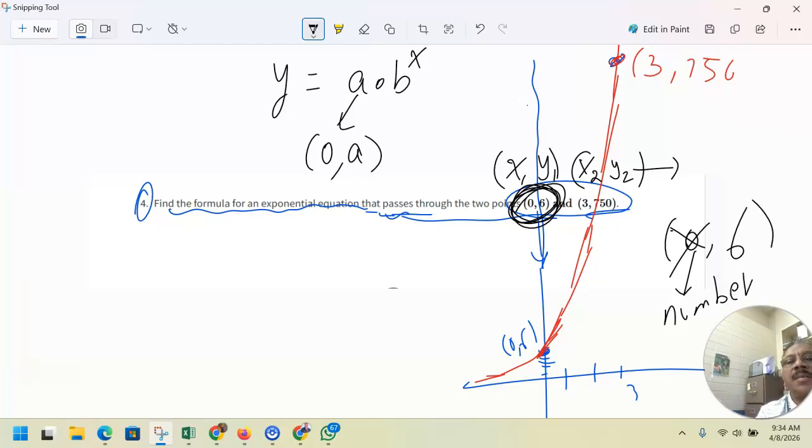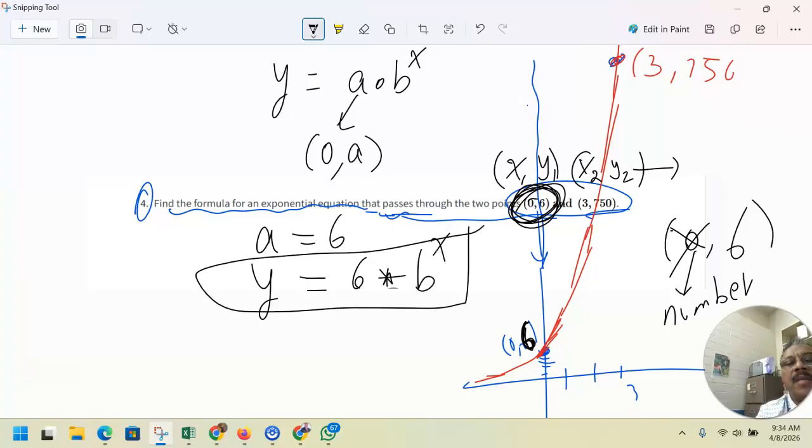But because it is 0, we know the 6 itself is your a. So in this example, your a is already 6. So the equation is y equals 6 times b raised to x, where 6 is the initial number.